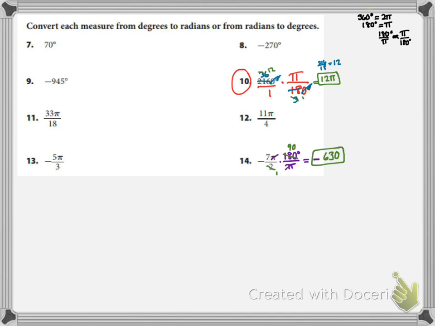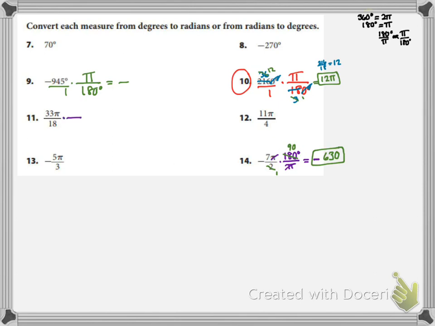If I'm working over here, I'm not going to completely work any of the ones over here. I could say, I want to get rid of the degrees, put 180 degrees on the bottom, and throw the pi up on top. Work with that one. Make sure you make it negative. If I look at number 11, I want to make sure that I am getting rid of the pi.